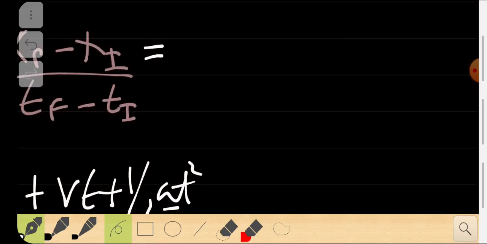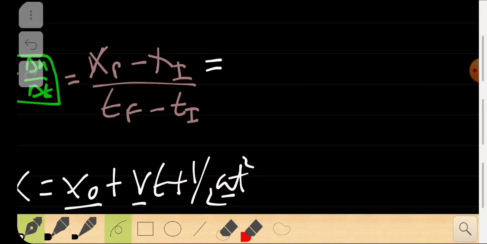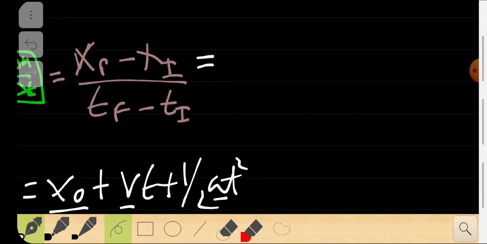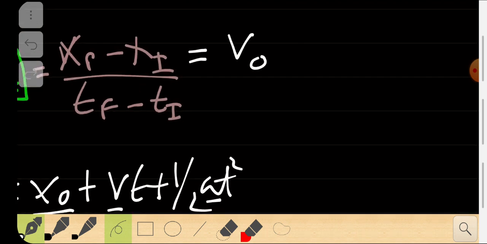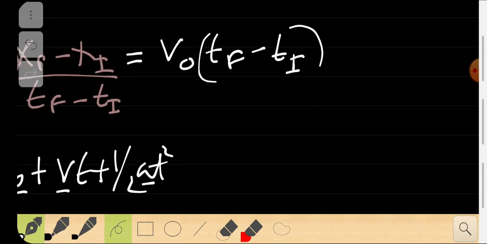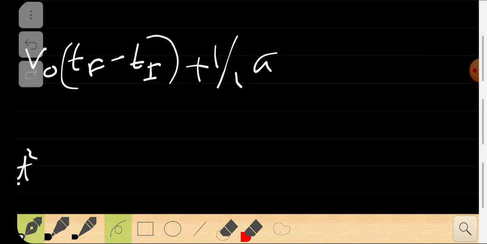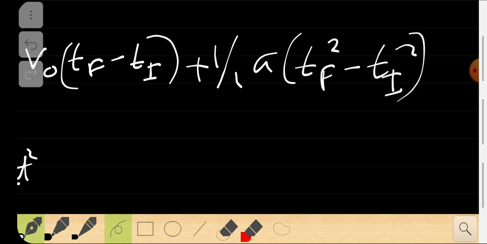So x0 is 0. What remains is v0, the initial starting velocity, times t final minus t initial, plus half a times t final squared minus t initial squared.